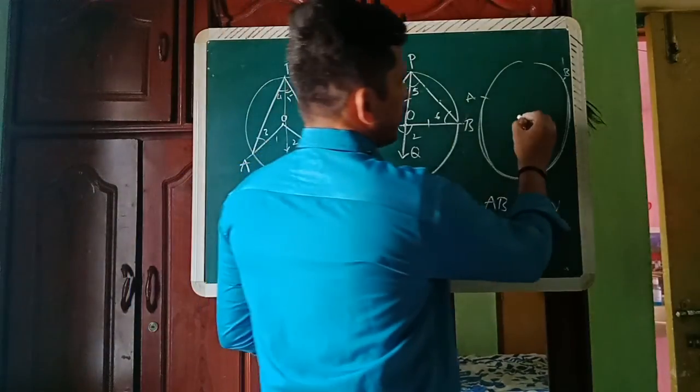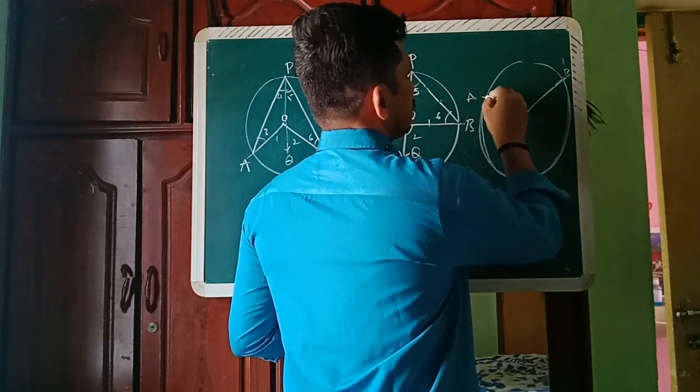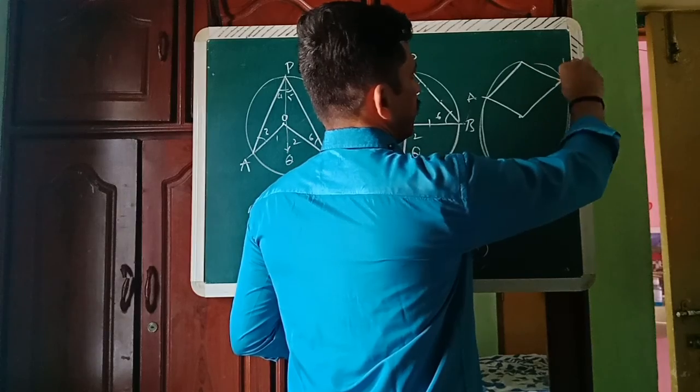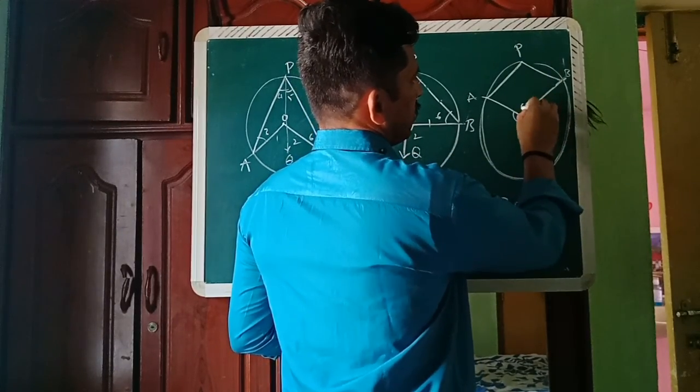Suppose they give a major arc. How to solve when the major arc is given? I will take one point on the remaining part of the circle. This is the center of the circle.